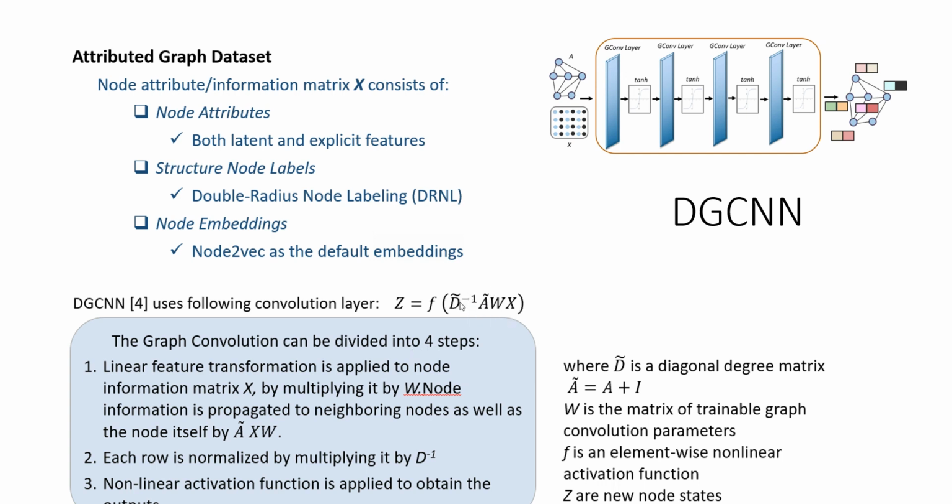A linear feature transformation is applied to the node information matrix X by multiplying it by a weight matrix W. The node information is propagated to neighboring nodes as well as the node itself by multiplying it by the adjacency matrix. Then each row is normalized by multiplying it by the inverse of the degree matrix. A nonlinear activation function is applied to obtain the output.